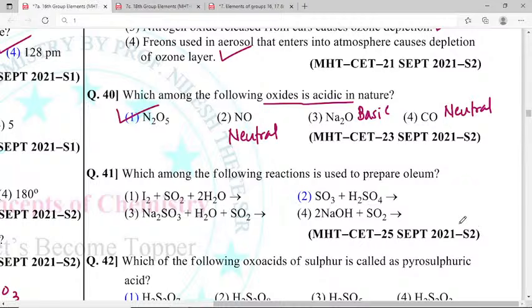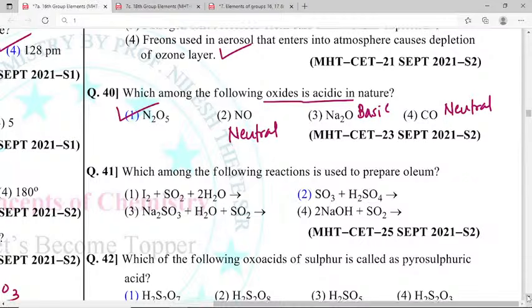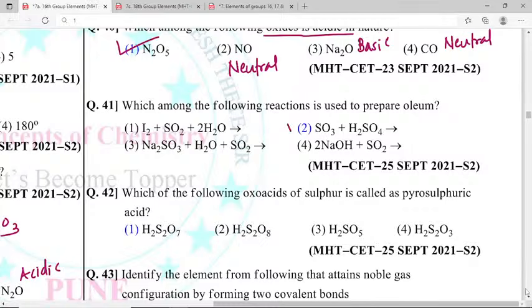Which among the following reaction is used to prepare the oleum? Oleum is made using SO3 and H2SO4, H2S2O7 is called the oleum. Which of the following oxide of sulfur is called pyrosulfuric acid?